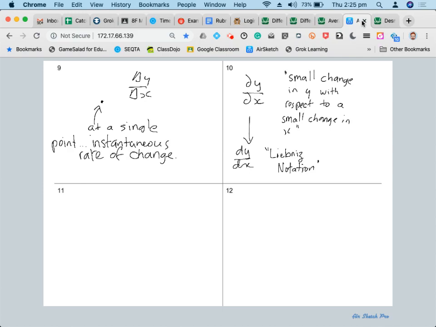It's just a different starting point for describing your function. I use it to start with purely because dy by dx is exactly what it says on the tin. It's a small change in y over a small change in x. I'll pause there and ask if there are any questions.